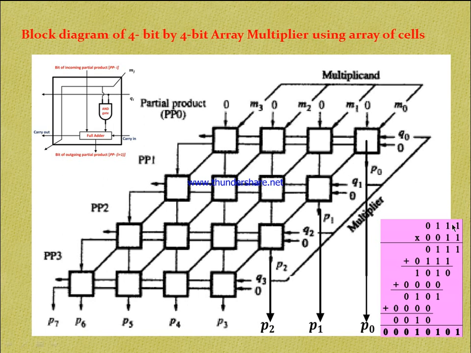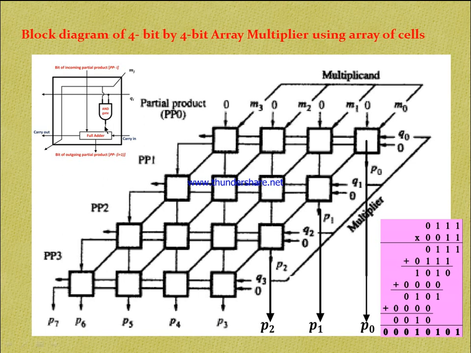M0. What is the M0 bit? M0 is also 1, so the 3 inputs of this particular cell are 1. These 2 ones give the result 1, and here again 1 is coming, so this 1 and this 1 and this 0.